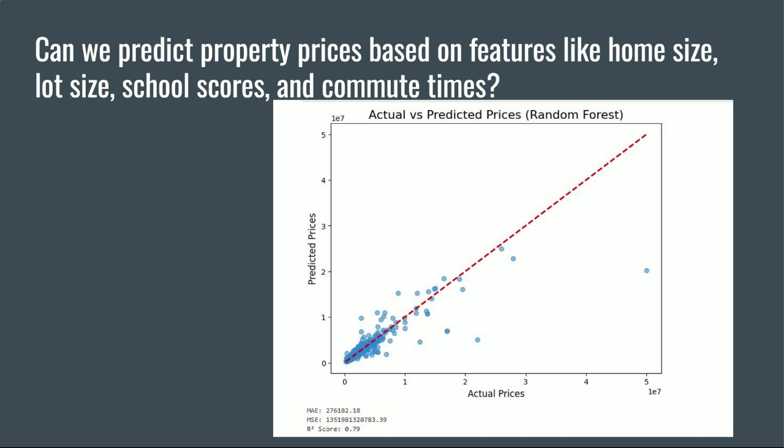The close alignment of the points with this line indicates a strong predictive performance by the random forest model. And as you can see down below, the R-squared score of this was 0.79, which proved to be a reliable model for predicting property prices, capturing 79% of the variance.